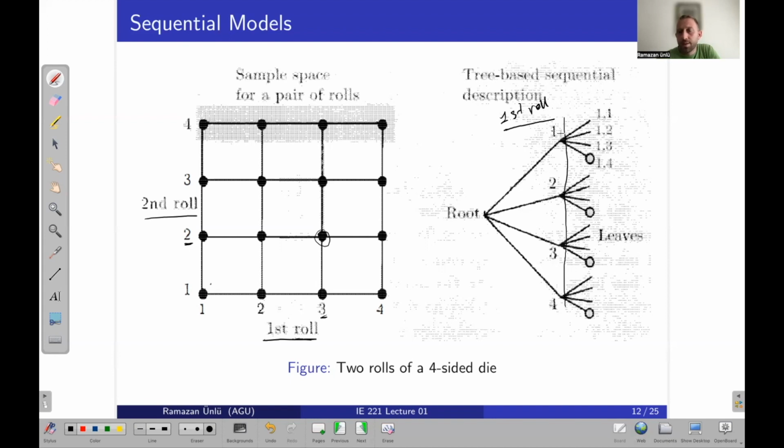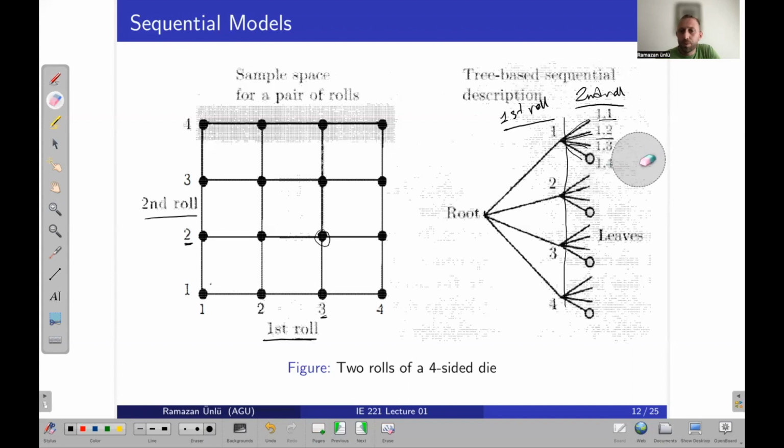And then this part is the second roll. For each possible outcome, I can also get 4 different outcomes, right? 1, 2, 3, 4, and this will form the outcomes 1,1, 1,2, 1,3, 1,4.